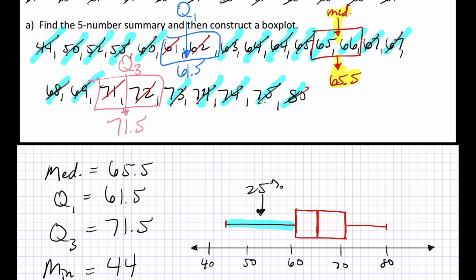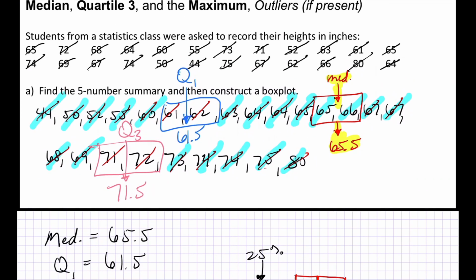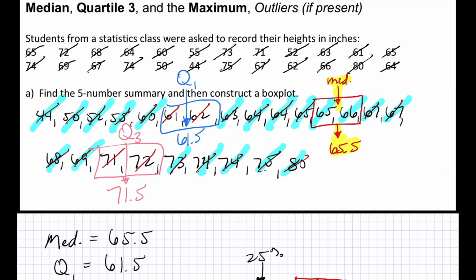Well, let's see. 1, 2, 3, 4, 5, 6. 6 of the numbers fit into that category, right? How many numbers are there total? 24, right? 6 out of 24 is a quarter.